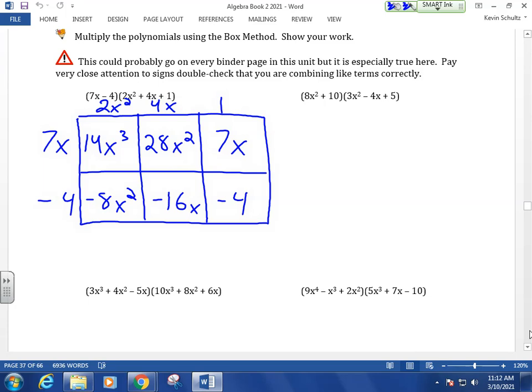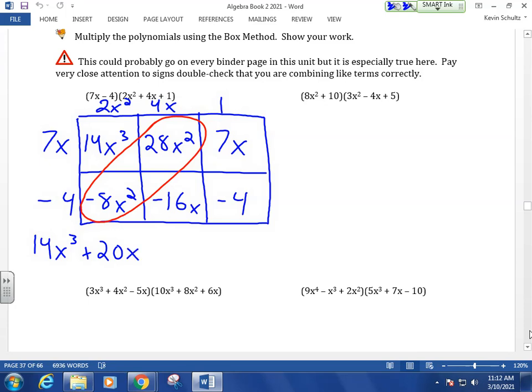Putting our final answer together here, standard form, I only have one x cubed term. So that's going to come first, 14x cubed. I've got 2x squared terms. And now that I'm combining like terms, I'm adding and subtracting these, which means that my answer is still going to have an x squared, right? It's a different operation than multiplying.